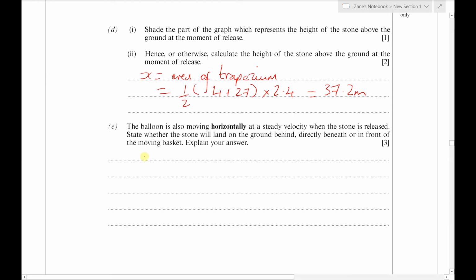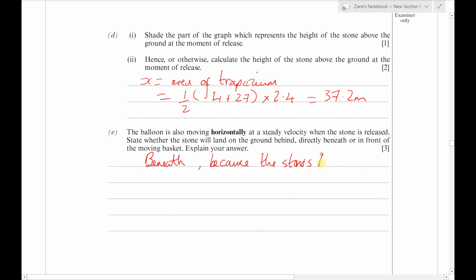Well, it's going to land directly beneath because the horizontal velocity is constant, and it's also the same as the balloon's velocity.